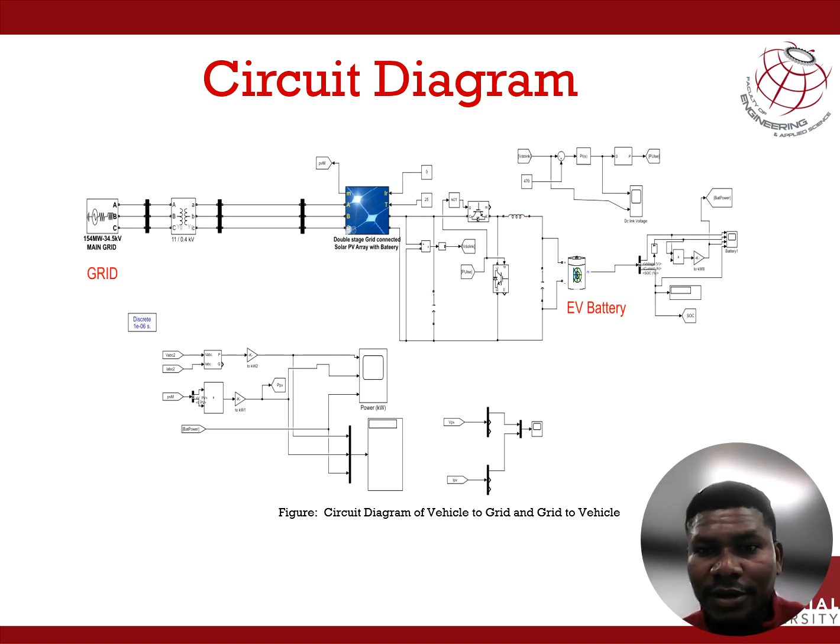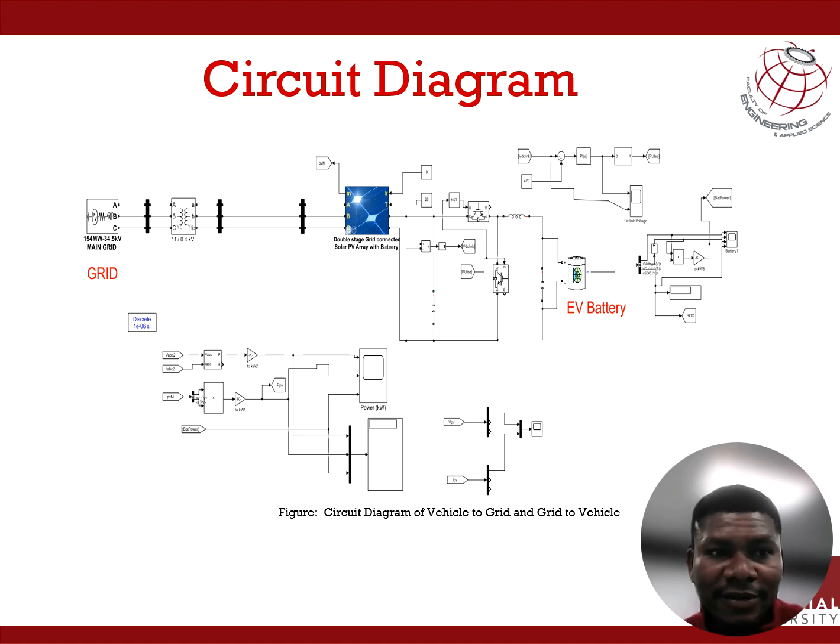I'm Collins. Like my colleague Ashish said, the main aim of this project is to explore and evaluate the implementation and the potential benefits of bidirectional energy flow between electric vehicle and the electric grid.